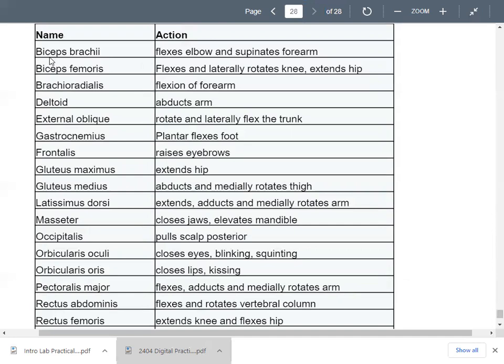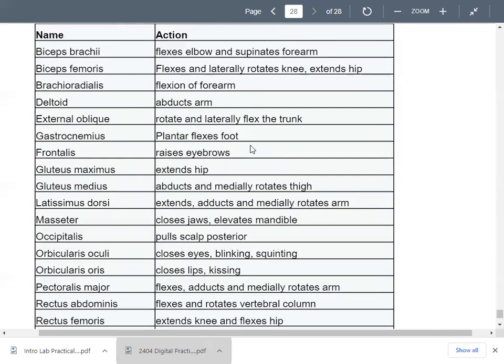So, all right. For biceps brachii, it's going to flex your elbow, right? And it can also supinate the forearm. Biceps femoris is going to flex your knee or laterally rotate your knee. Okay, you can get a little bit of lateral rotation out. Also, it can extend your hip. So this is your hip joint. This is flexing the hip, extending the hip.